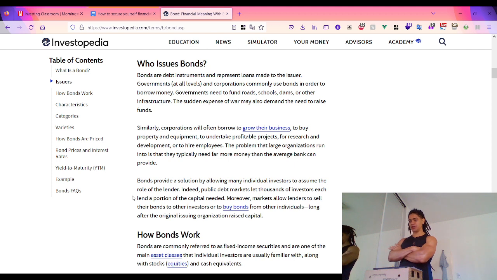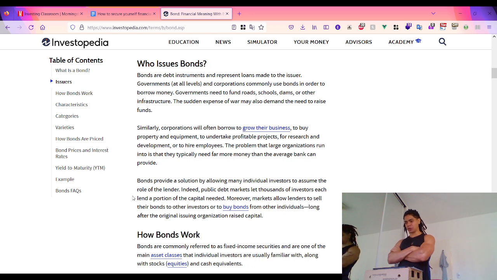Similarly, corporations will often borrow to grow their business, to buy property and equipment, to undertake profitable projects, for research and development, or to hire employees. The problem that large organizations run into is that they typically need far more money than the average bank can provide.